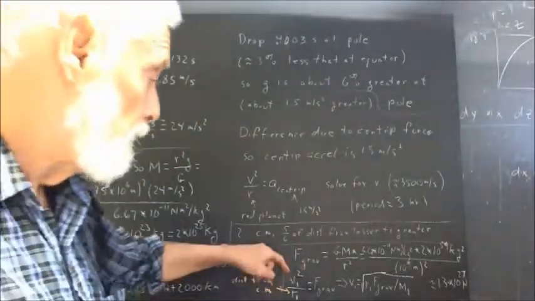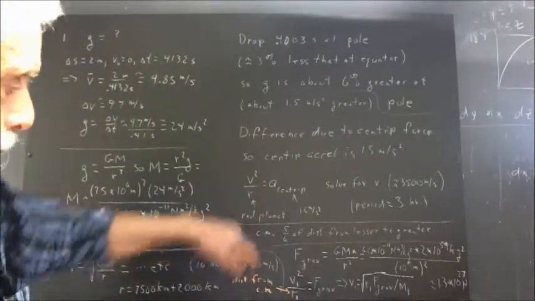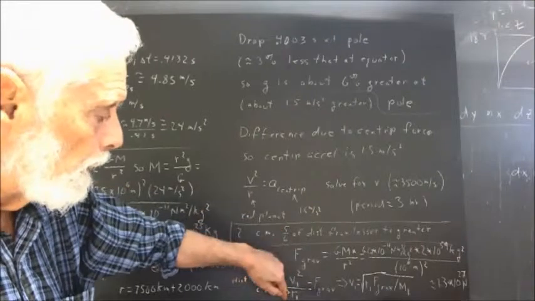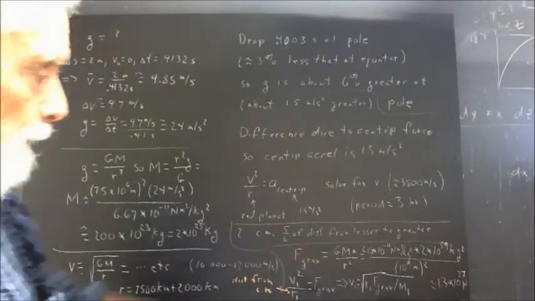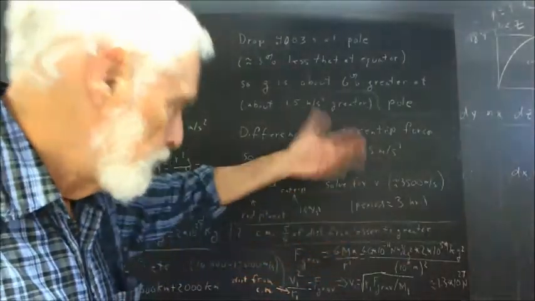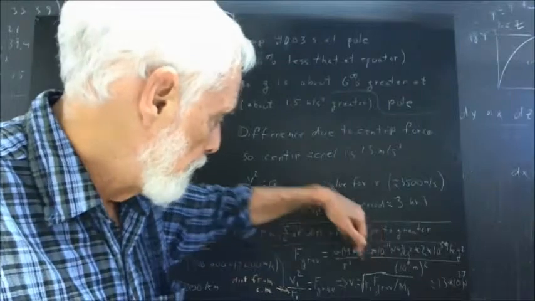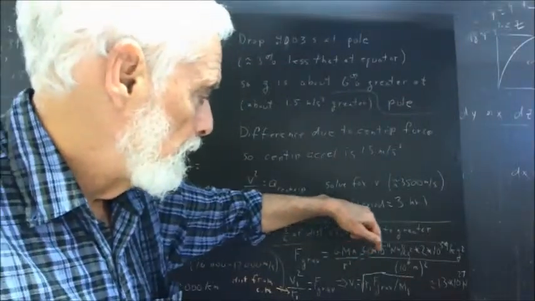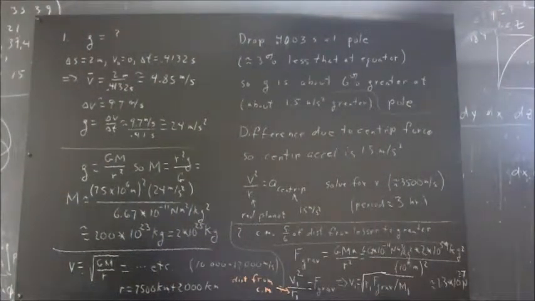Now, if we want to calculate the velocity of an orbit, we set the squared velocity over the radius of the orbit equal to the gravitational force, and we find that the velocity is very simple. We multiply by r1 and take the square root, so we get the square root of r1 times gravitational force divided by the mass.